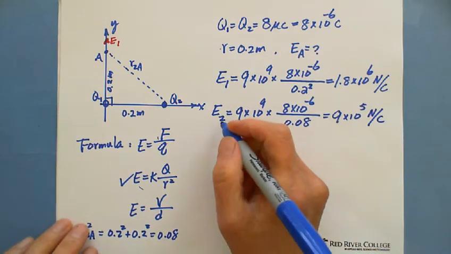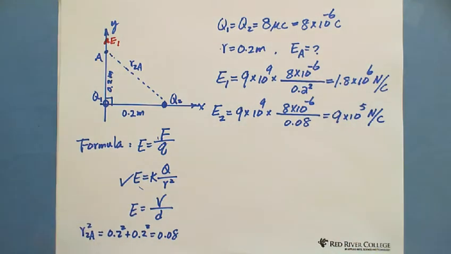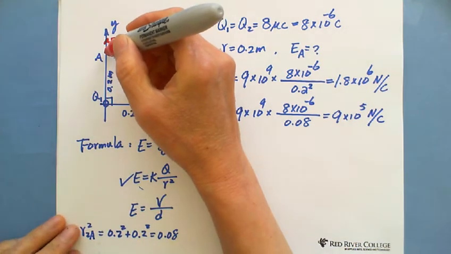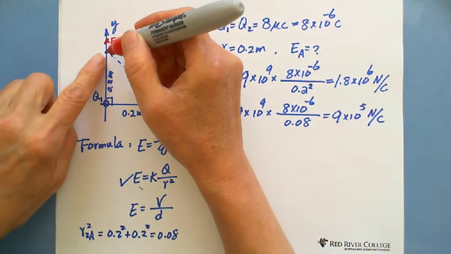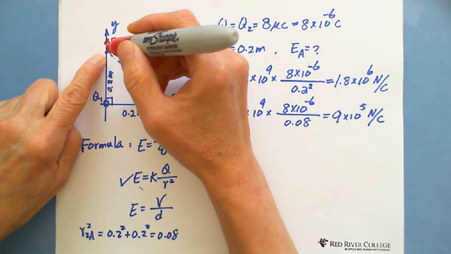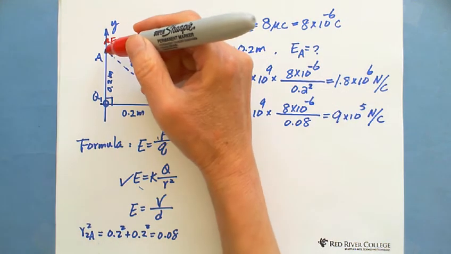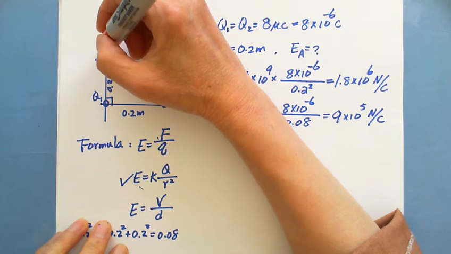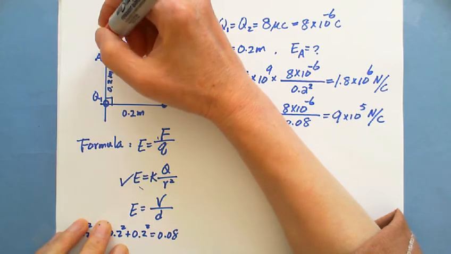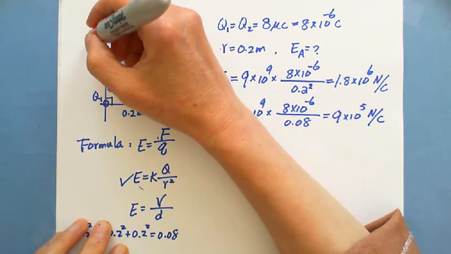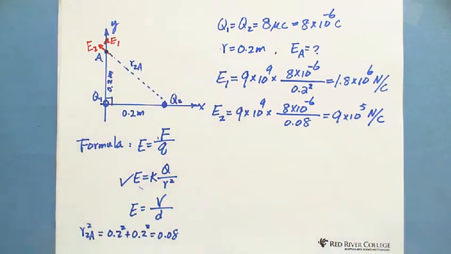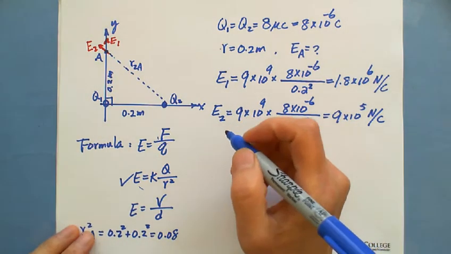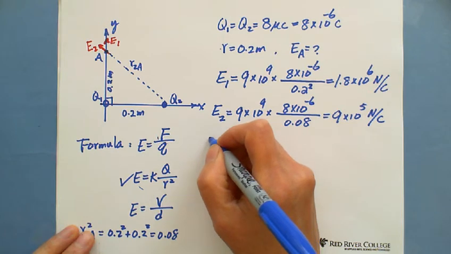What is the direction of E2? If you put a positive test charge here, what is the direction of the force? Because it's a positive test charge, the direction is this way. So that's E2. After you find E1 and E2, how do you find EA?